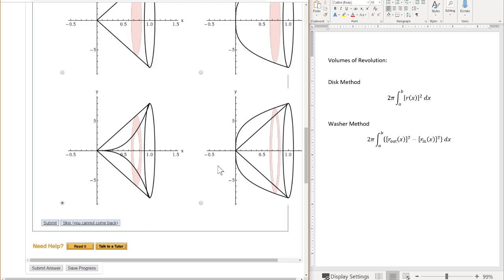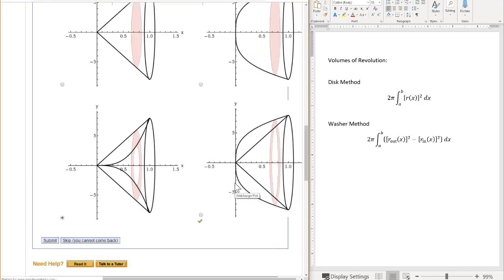In the fourth graph, the outside looks curved, and that's not what we want. So our choice is the graph where the outside is a line spun around, we get a cone, and the inside is curved in, so there's a hole in the middle. That's the graphic representation of the volume that we're looking for.